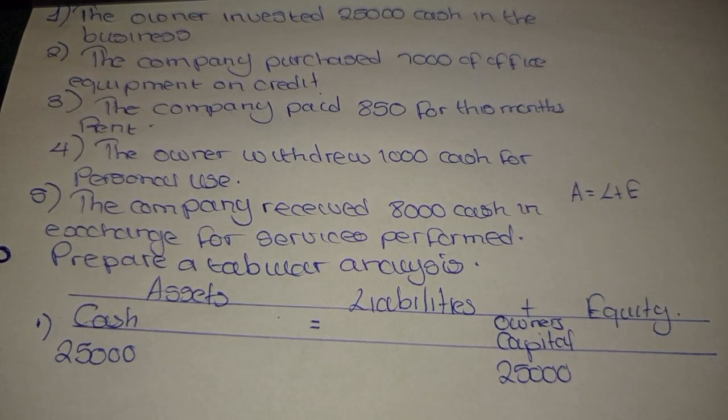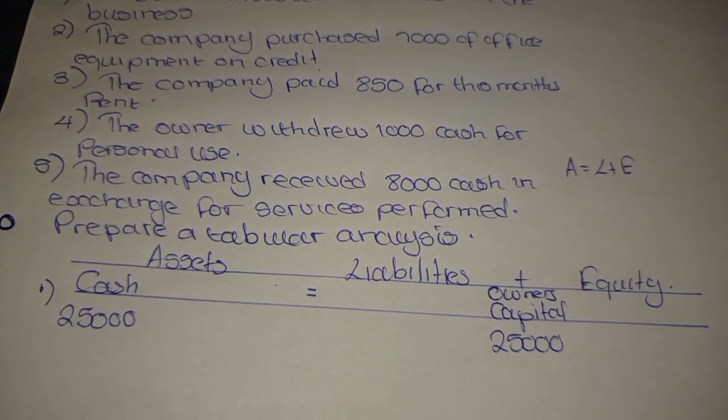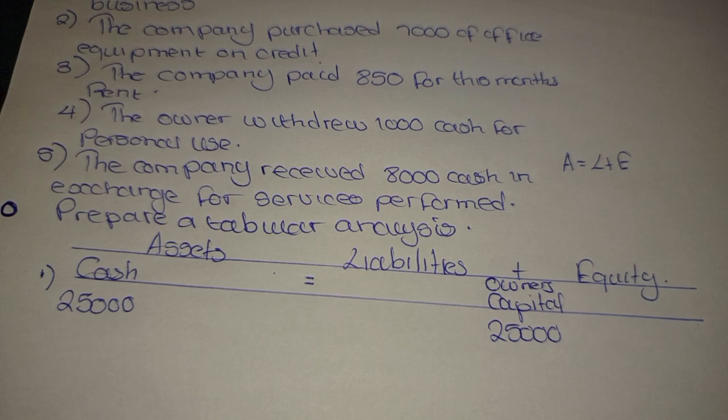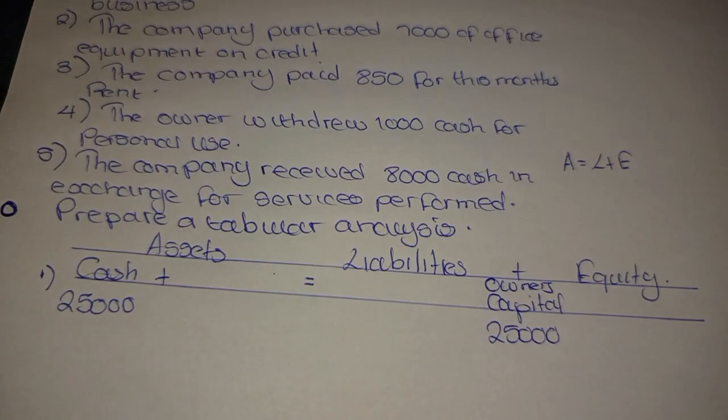Then we have our second transaction, which reads to say the company purchased 7,000 of office equipment on credit. Remember, when the company purchases something on credit, we refer to it as a payable. Remember, payables, this is when a company owes someone. So immediately it purchases, meaning the equipment is coming into the business and the assets account is being increased.